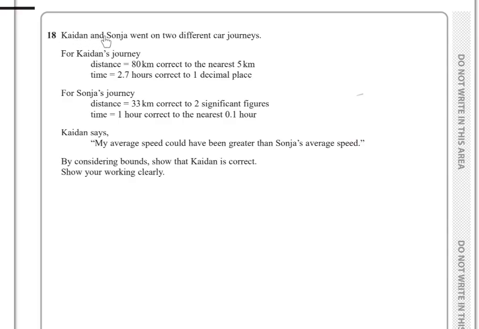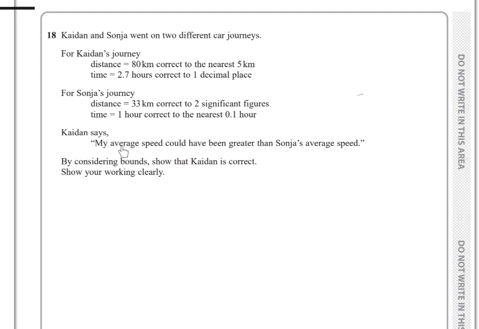18. Kaden and Sonja went on 2 different car journeys. For Kaden's journey, distance equals 80 kilometers, correct to the nearest 5 kilometers, and time 2.7 hours, correct to 1 decimal place. For Sonja's journey, distance equals 33 kilometers, correct to 2 significant figures, and the time is 1 hour, correct to the nearest 0.1 hour.